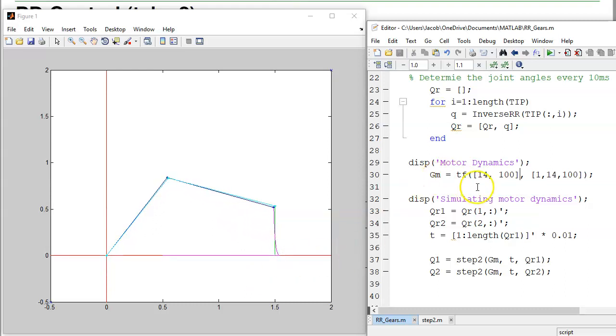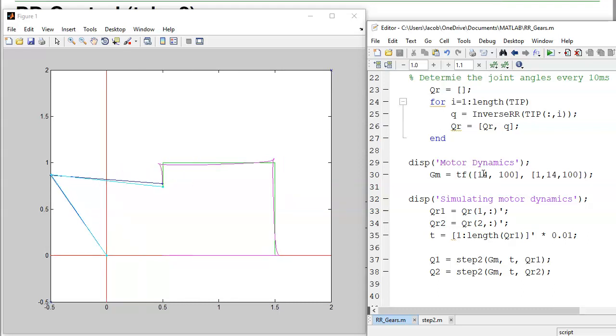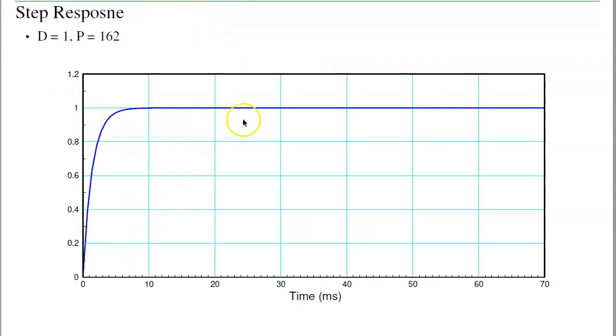But to do that, I need to know the derivative of the desired angles. That also shows up in the set point, or the step response. Again, it's much faster, and so we'll have better tracking.